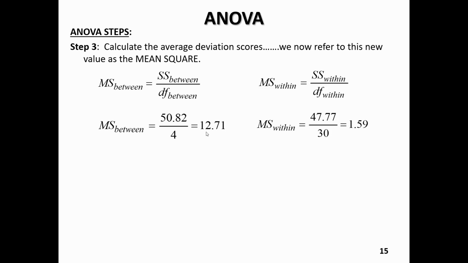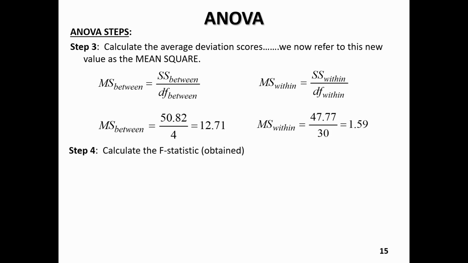Much bigger variability between the groups than within the groups indicates that there is very likely some type of systematic pattern, with clear deviations between the groups.